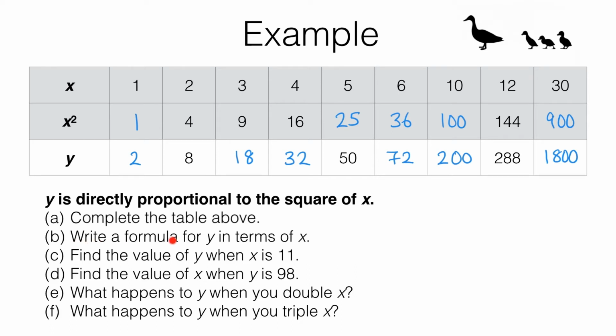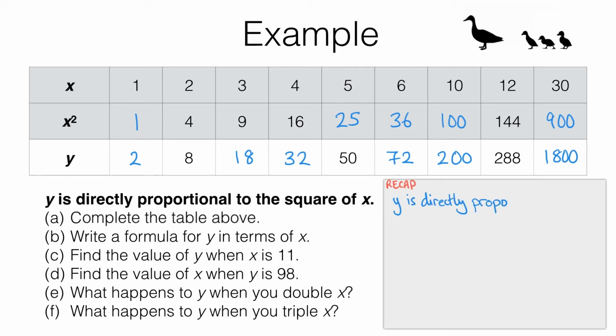Now, let's write a formula for y in terms of x. Let's have a quick recap. In the last video, we saw that if y is directly proportional to x, then we could write a formula for y in terms of x in this form.